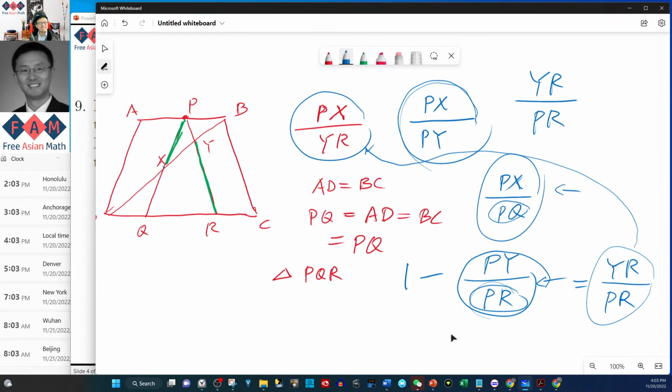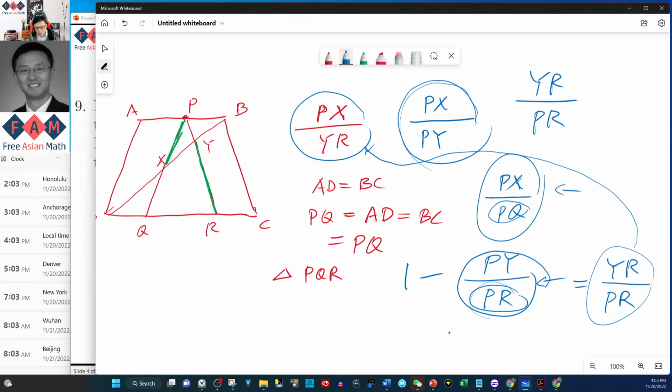Essentially, this is just fraction work. You need to know the fraction, the ratio. So if you know the ratio between Px and PQ, then similarly, you will know Py and PR. And from that point, everything will be solved. That's how you perform analysis.